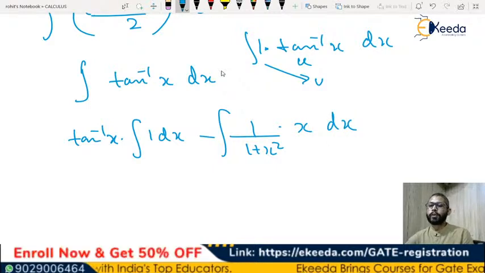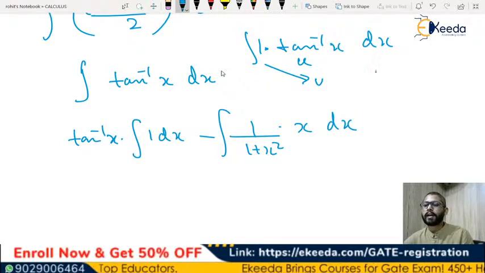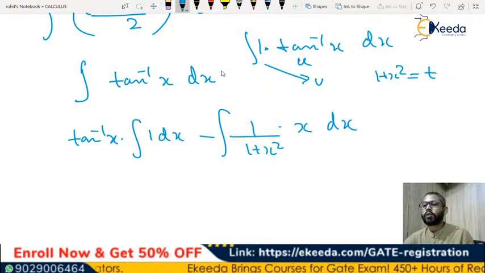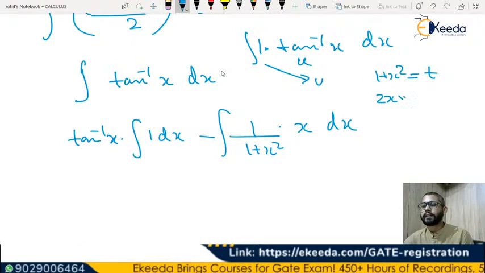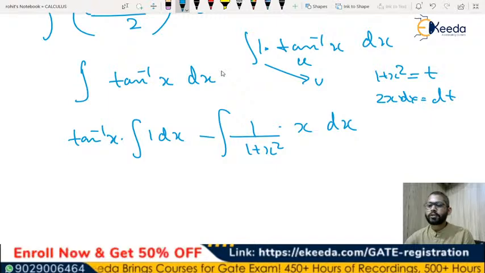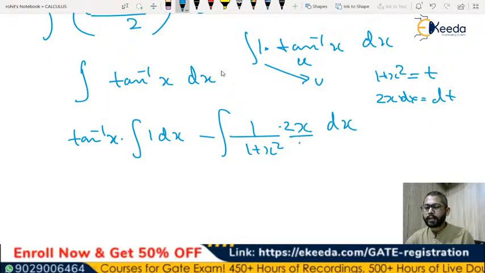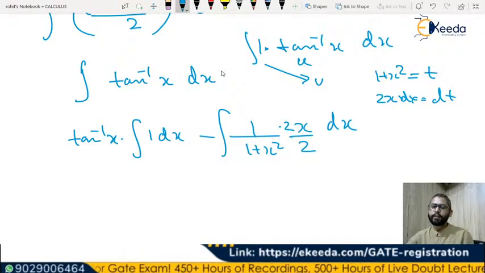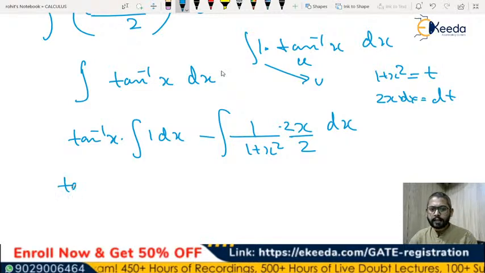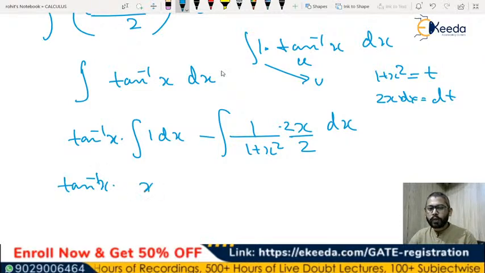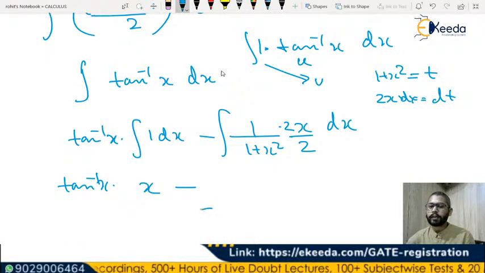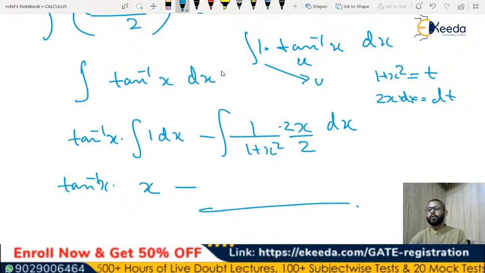So now it is possible: you can take 1 plus x square as equal to t, so you'll have 2x dx equal to dt. So put 2 in numerator and denominator and you convert it into dt. This is already done. This is tan inverse of x into x minus all this, right? So in this way you can solve it.